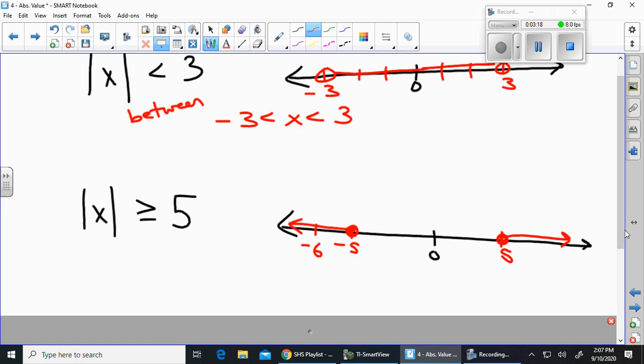We think of that, x is greater than or equal to 5, or x is less than or equal to -5. So when it was greater than, it became an or. That's really what we're going to see. Less than, absolute value, is a between. Greater than, and these can all be or equal to, is an or.